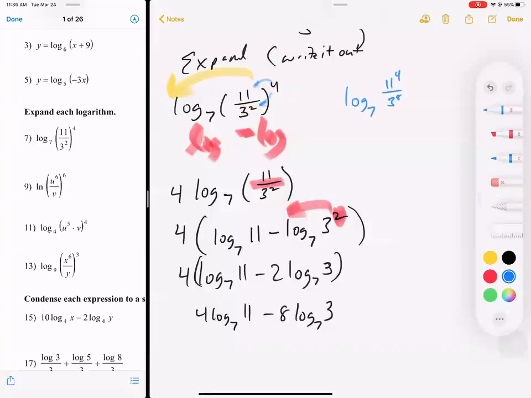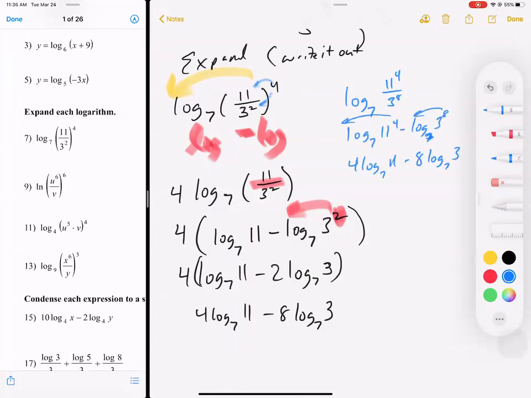If I'm dividing logs, I'm really subtracting them. So it'd be log base 7 of 11 to the 4th minus log base 7 of 3 to the 8. And we're still moving the 4 to the front and moving the 8 to the front. 4 log base 7 of 11 minus 8 log base 7 of 3. Okay.